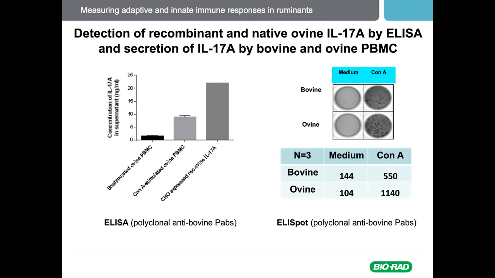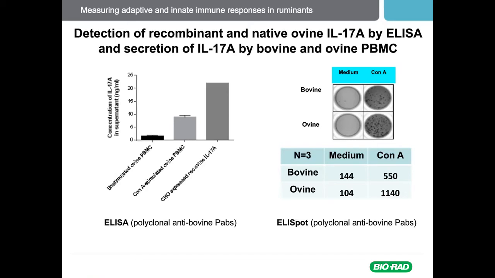So we embarked on a process of cloning and expressing both sheep and cattle interleukin 17A. And what you can see here is that we did successfully express those. You will have noticed from the previous chart that there were some polyclonal antibodies available to bovine interleukin 17A.